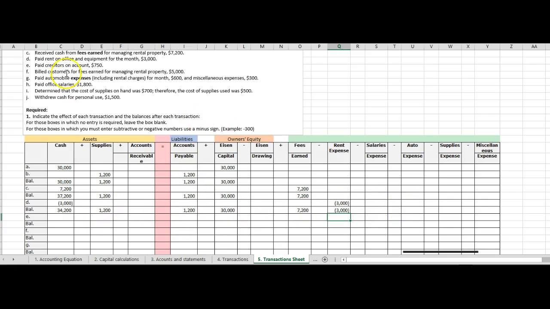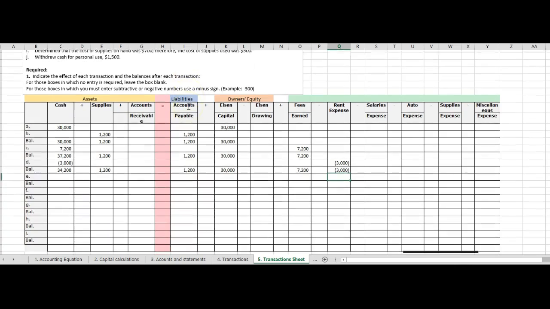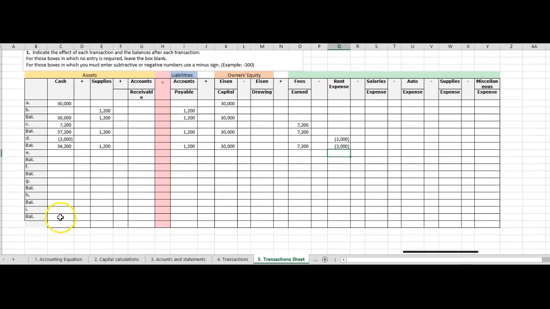Now I'm going to let you do E, F, G, H, I, and J. I'll give you the correct balance down here so that you know you've come up with the correct amount. This is a good way for you to kind of get your feet wet.